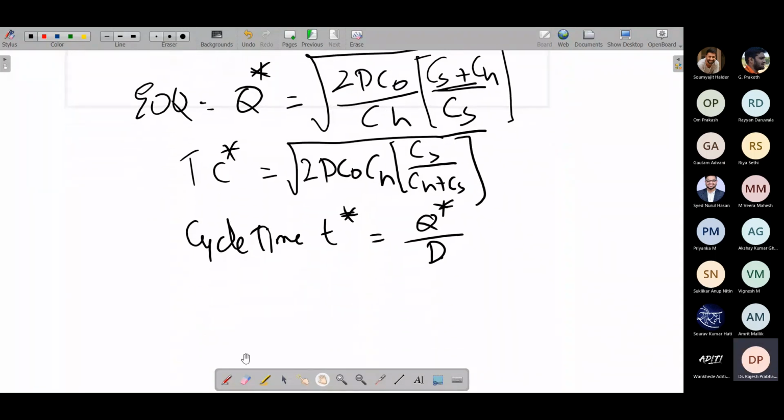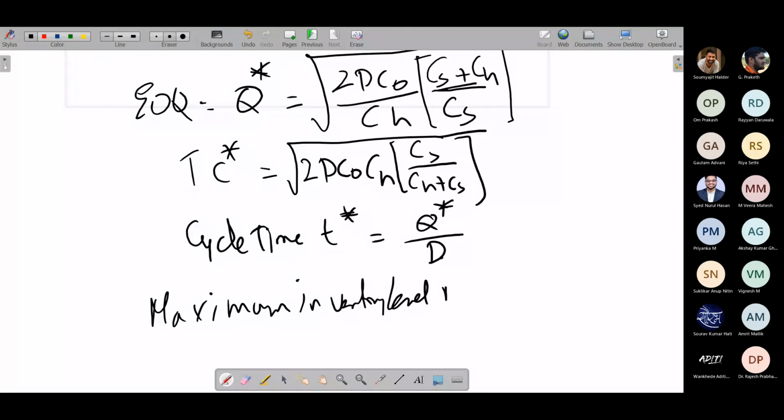Similarly, the maximum inventory level M star is equal to CS by CH plus CS into Q star.